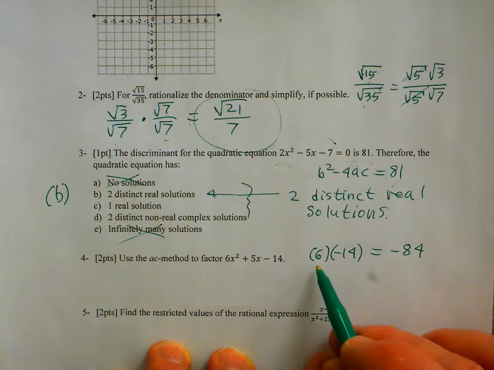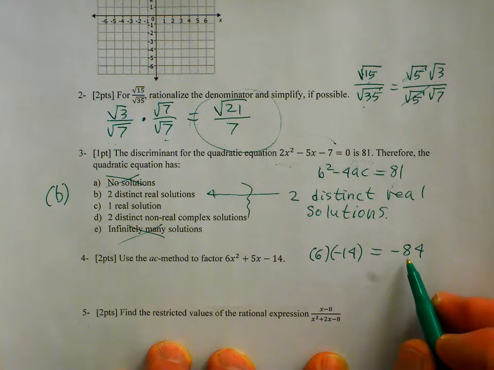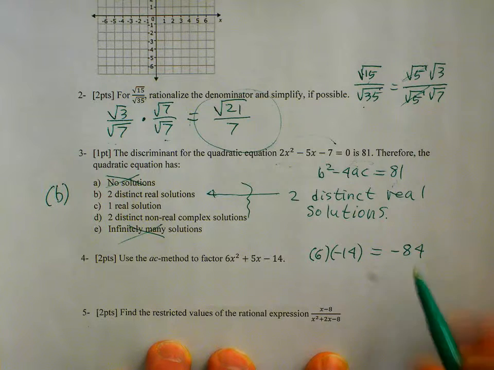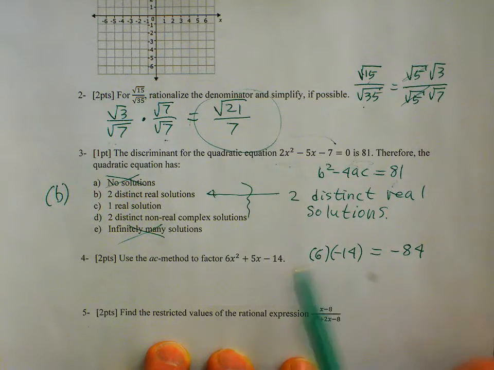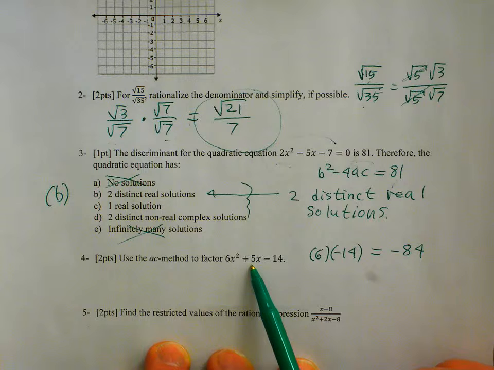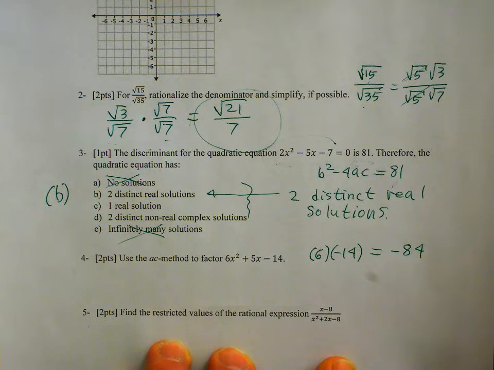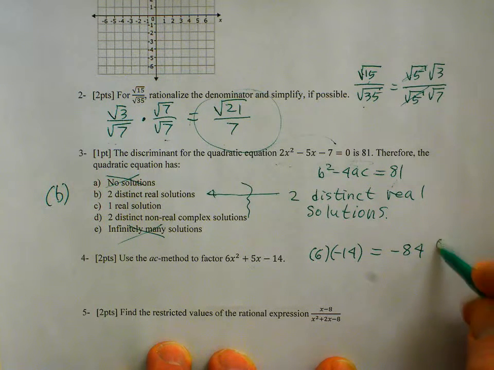Okay, so we'll pick pairs of integers that have a product of negative 84, but we'll pick them in such a way that the one with the largest absolute value is positive. Since they have to add up to a positive, the one with the largest absolute value is positive. So in our systematic approach, we would start with negative 1 times 84.